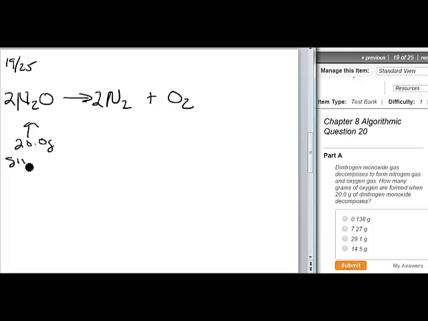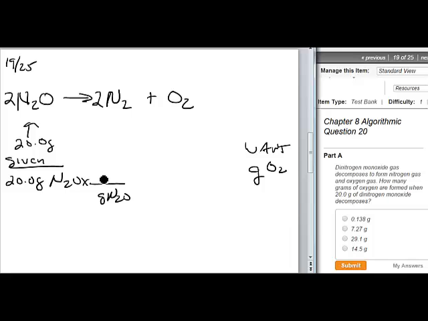So what we are given here is that we have 20.0 grams of N2O, and what we want to know is grams of O2. So it's going to be the same old unit conversion problem. First step is to cancel grams of N2O and go to moles, because that's what we do in stoichiometry problems, moles N2O.